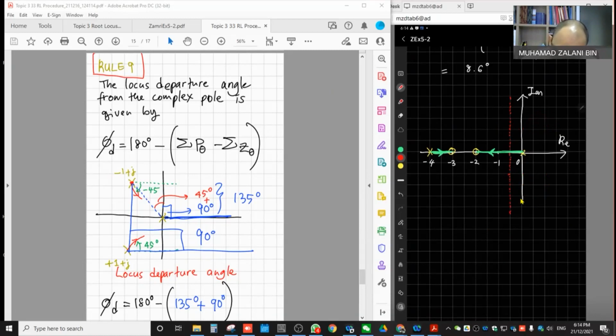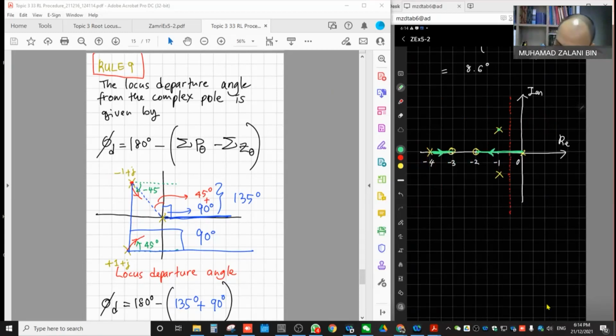Now it is the time for me to draw the locus at 8.6 degree angle from horizontal for the positive imaginary axis pole here. So the locus should start from here.